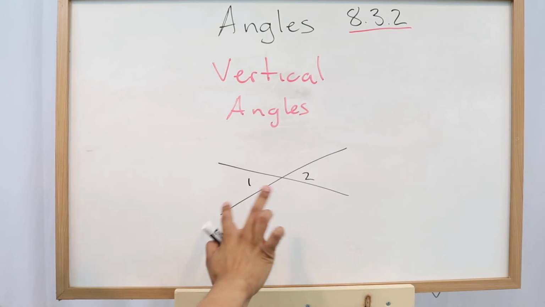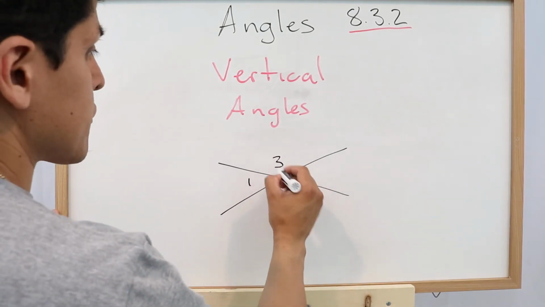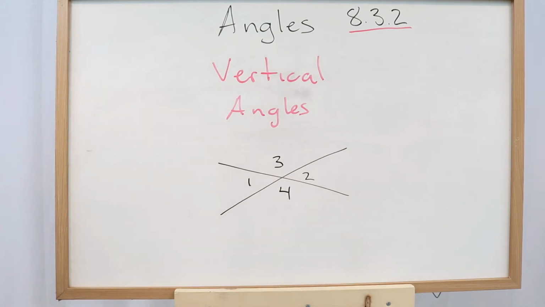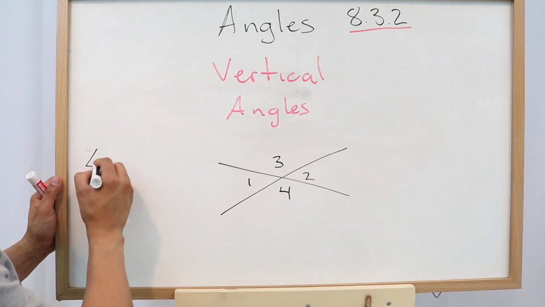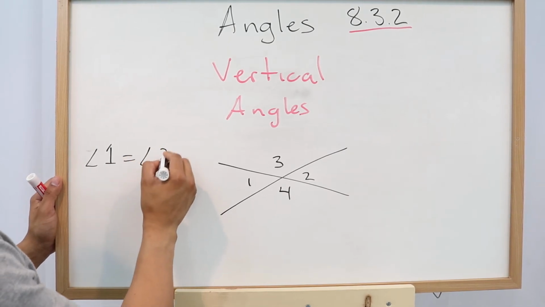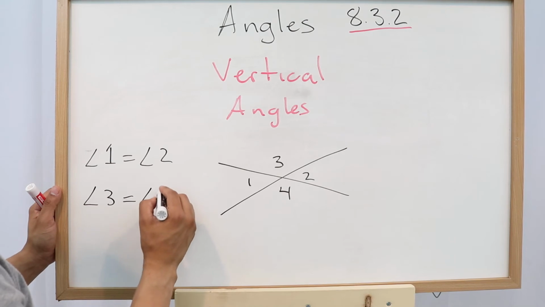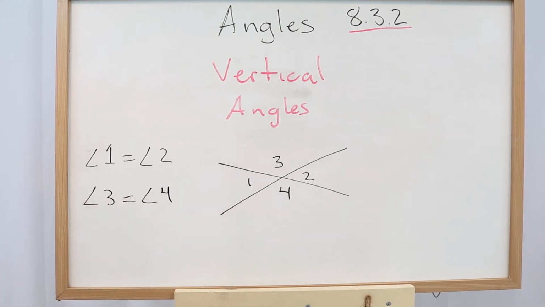These 2 angles are equal, and angle 3 and 4 are also equal. So angle 1 is equal to angle 2, and angle 3 is equal to angle 4. When I say equal, that means that they measure the same thing.